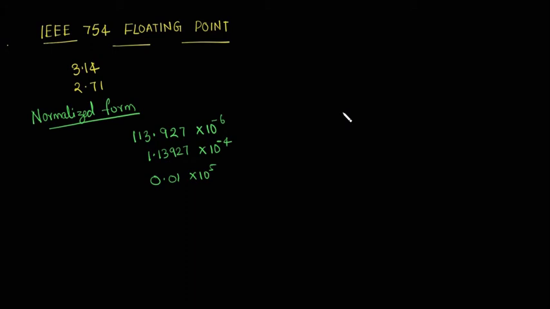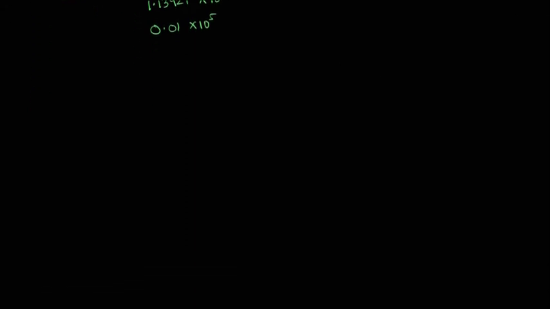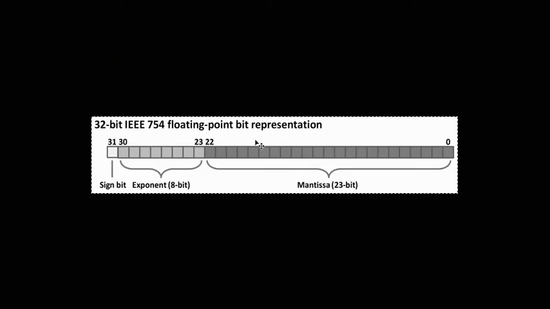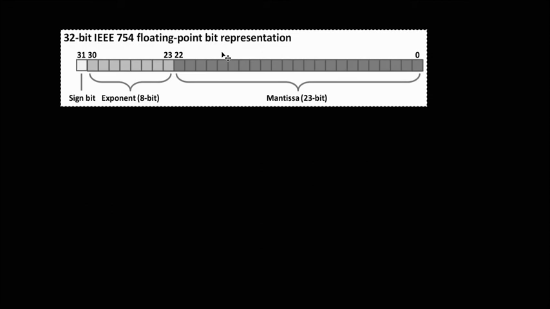So let's get to the IEEE floating point number. This is the IEEE floating point number, where the first bit is the sign bit. This is the sign and magnitude representation of a real number. If it is 1, then it is considered as a negative value.